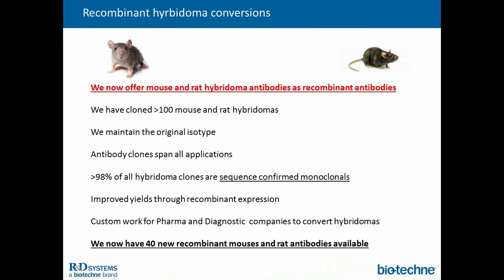We didn't want to introduce any changes on the customer end, so we optimized each individual isotype to get to this point. The antibodies we just released span all applications, and since we've been going from a hybridoma to a recombinant, we obviously know the full sequence, and 98% of all those hybridomas we've used are sequence-confirmed monoclonals. We're still working on more, and we now have about 40 released that are available through our standard catalog process.